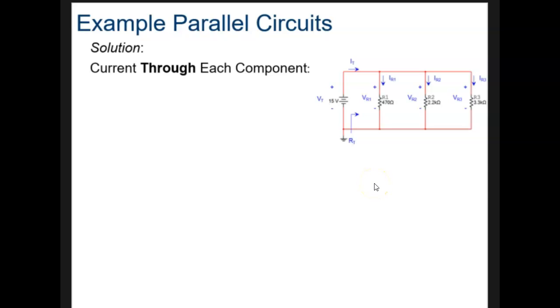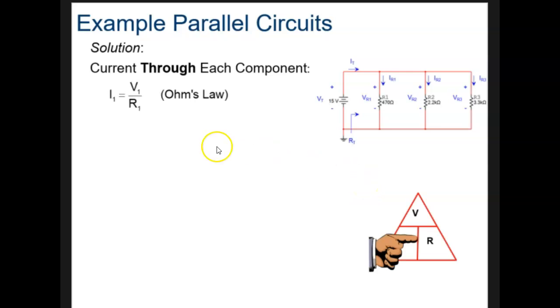Okay, let's see what the current through each component is. Using Ohm's law, you can always draw this triangle on a piece of scratch paper, V over I R. We're looking for current, so we cover the I, and we're going to do V divided by R, which is Ohm's law.